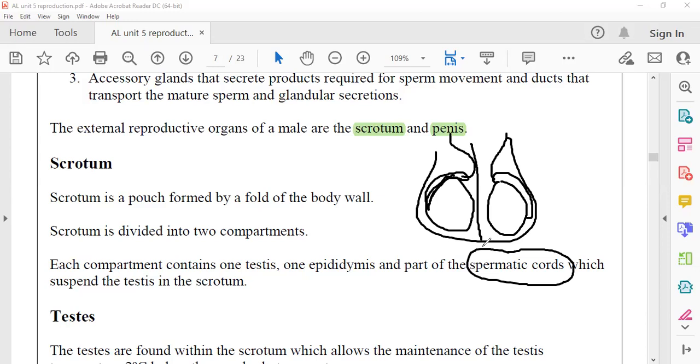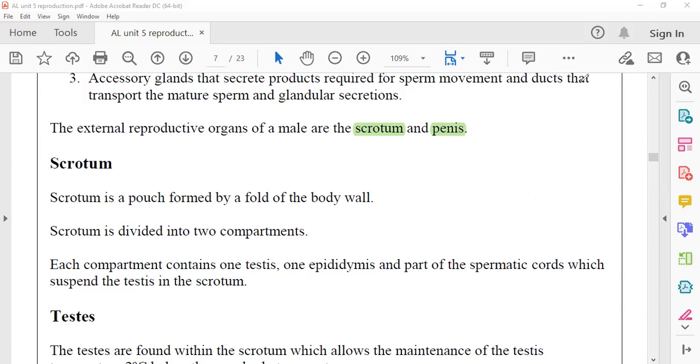So, see whether you are clear about the scrotum. If you are clear about the scrotum, we will now discuss the testis.